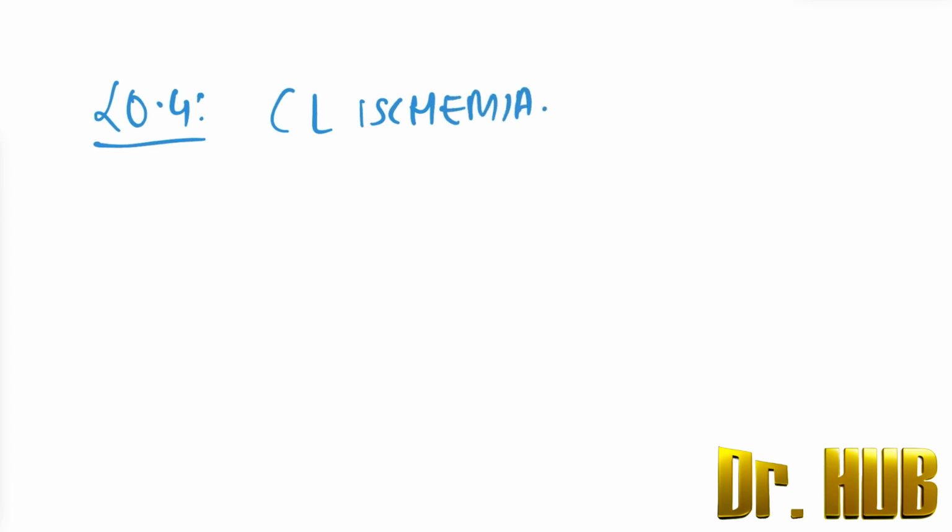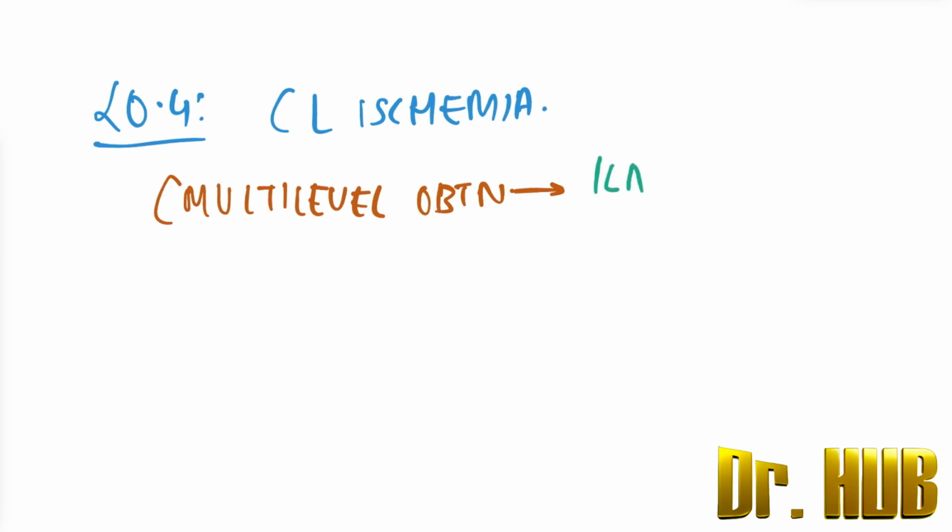Critical limb ischemia is a multi-level obstruction, that is any combination of iliac, femoral or tibial vessel disease.